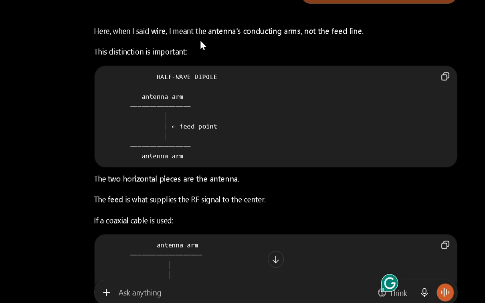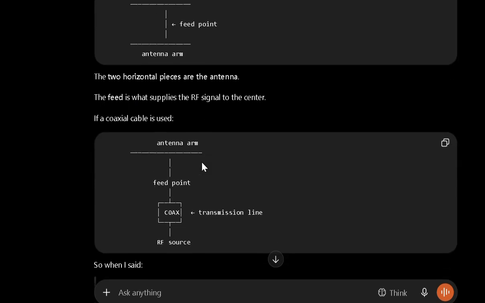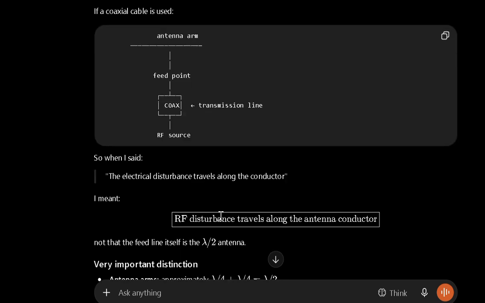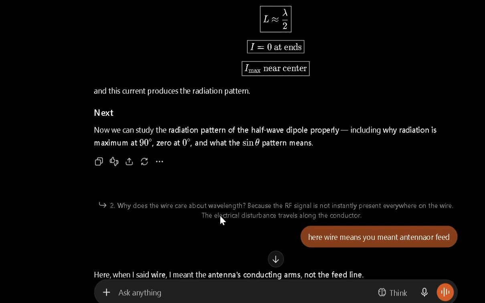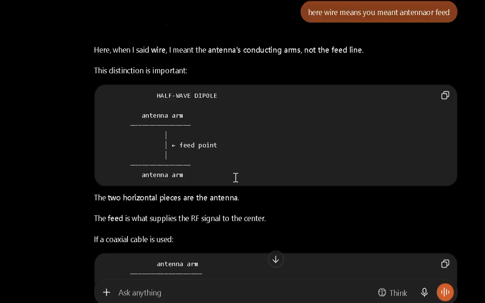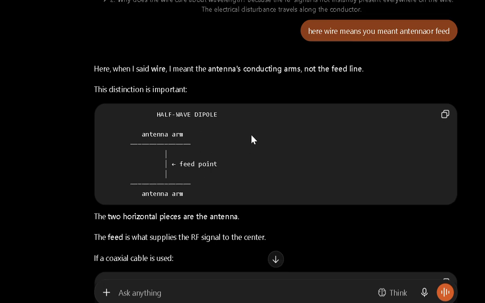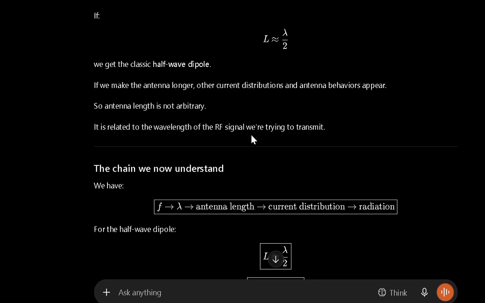Here I said wire, I meant the antenna conducting element, not the feed line. So, two horizontal plates on the antenna; the feed is what applies the RF signal at the center, like a power cable connected. So he meant the two plates. I call them plates, or you can call them wires, because the antenna's upper wire and lower wire are connected. It forms the antenna.